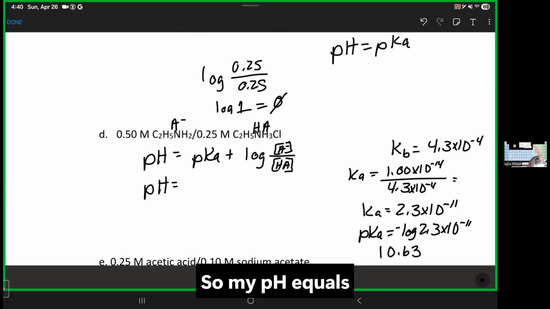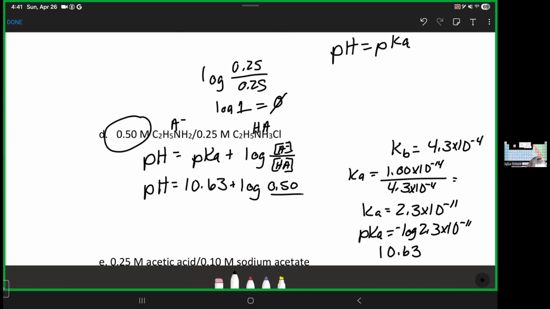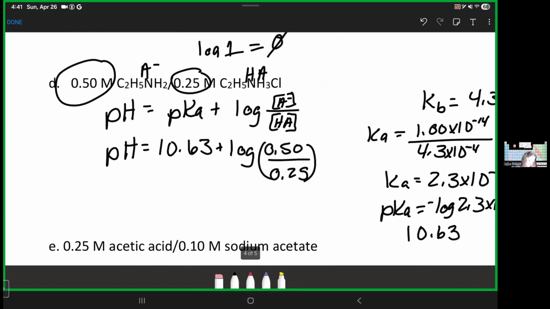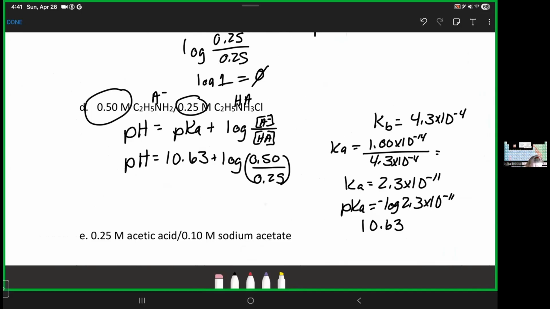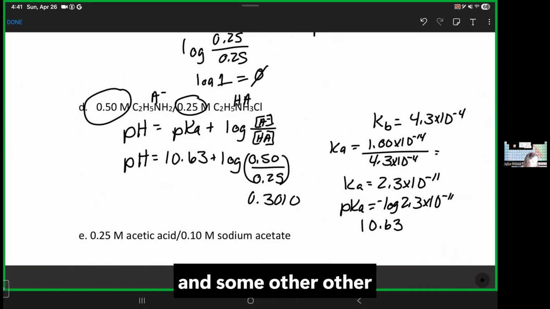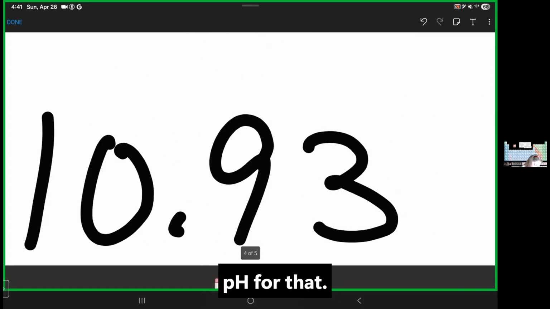So my pH equals 10.63 plus the log of my base over my acid. Okay, so when I do that, 0.5 divided by 0.25. For that, I get 0.3010 and some other numbers. Add it to the 10.63, and I get 10.93 is my pH for that.